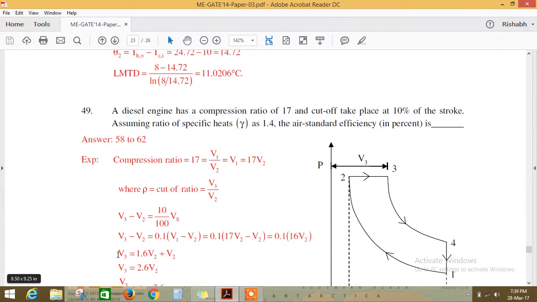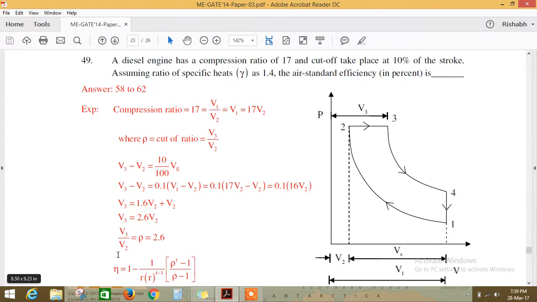Now let's see the next question. This is a question from thermodynamics, a very common question in GATE. A diesel engine has a compression ratio given as 17, and cutoff ratio is 10% of the stroke. Assuming the ratio of specific heats gamma, which is Cp by Cv, as 1.4, we have to find out the efficiency.